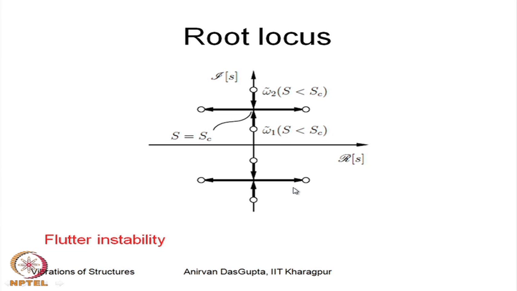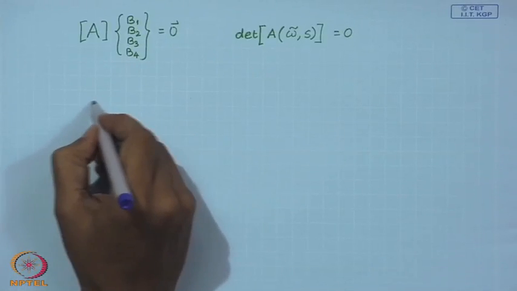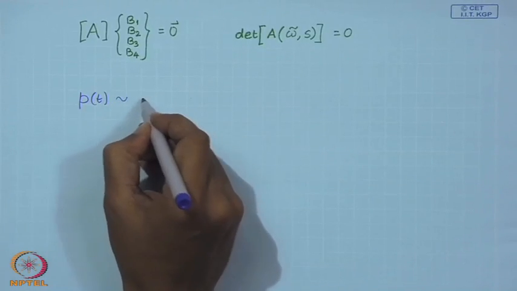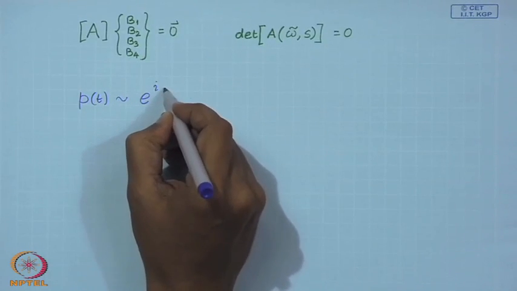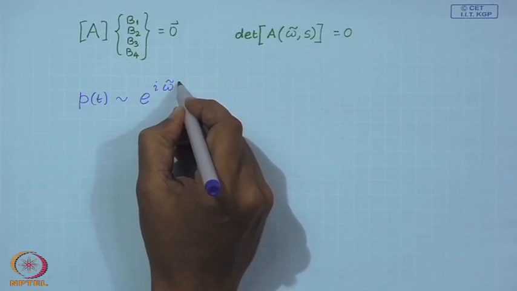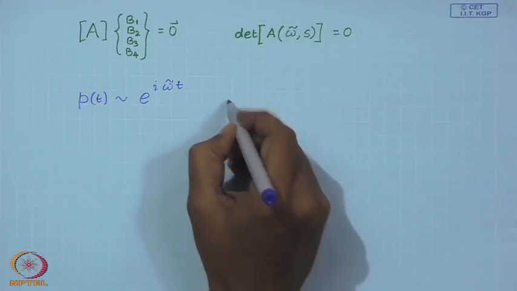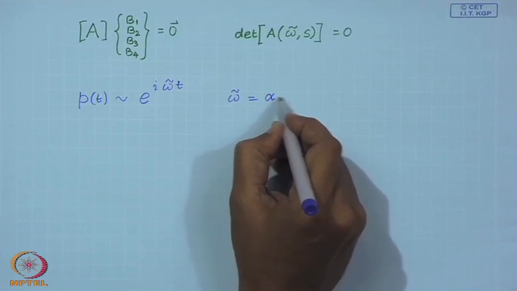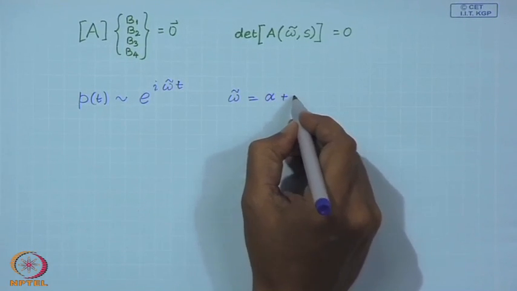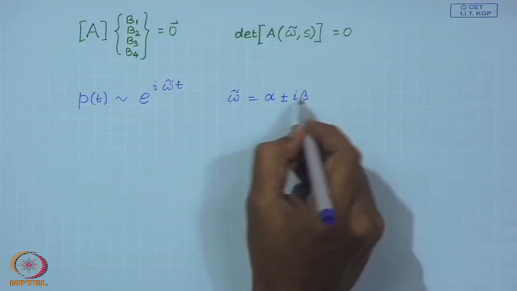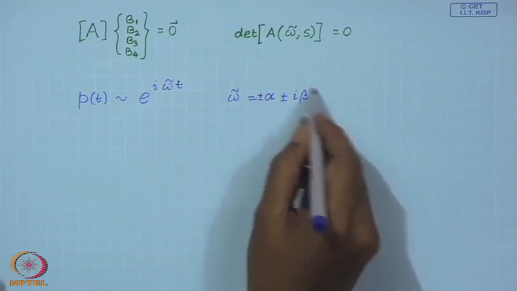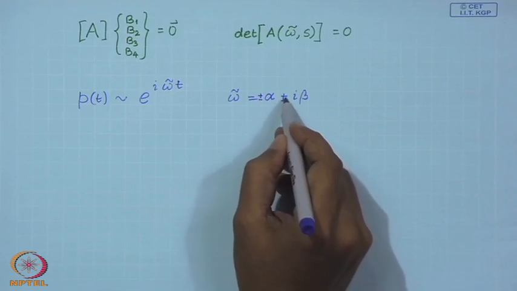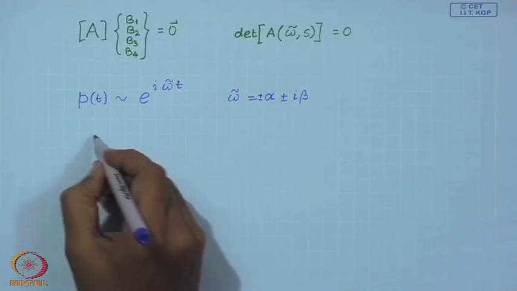Therefore, you have solutions, so these were the solutions. Now, as you have seen in the root locus, you have both plus or minus alpha plus or minus i beta.